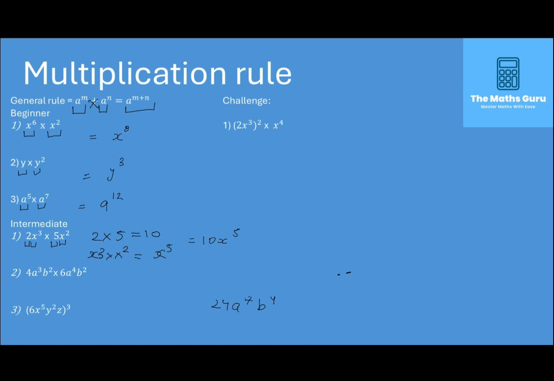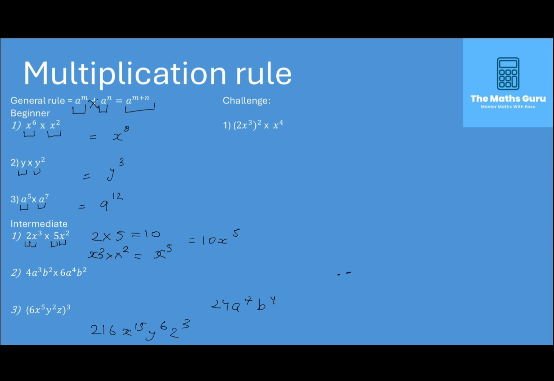So in this case, we're going to do 6 cubed, which is 216, x to the 5 cubed is x to the 15, and then y to the 6 z cubed.